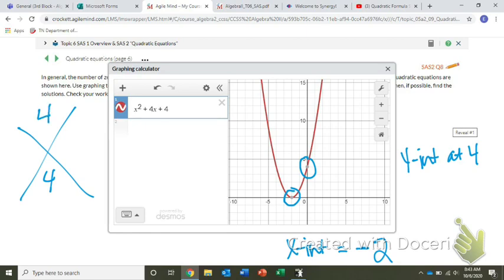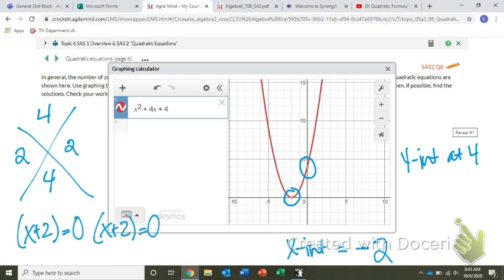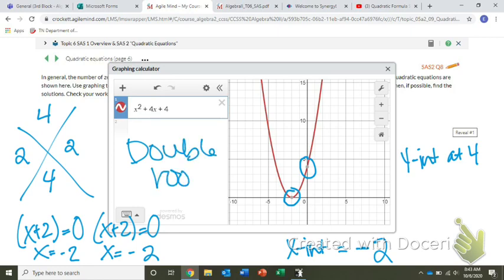What two numbers add to get 4 but also multiply to get 4? 2. So when you have two of the same factors, this is called a double root. Okay, it's double because there are two of them.